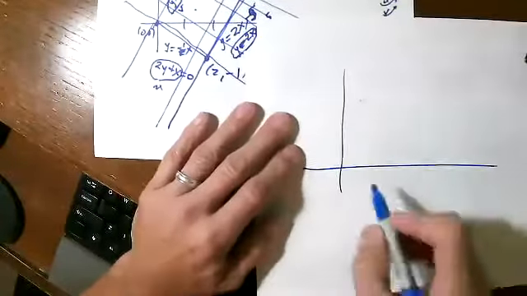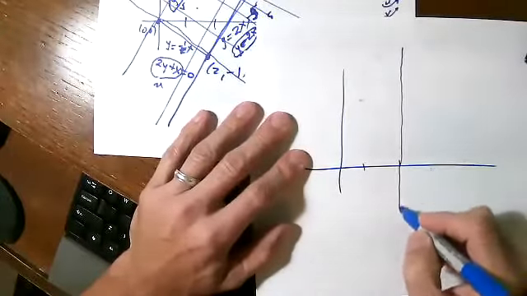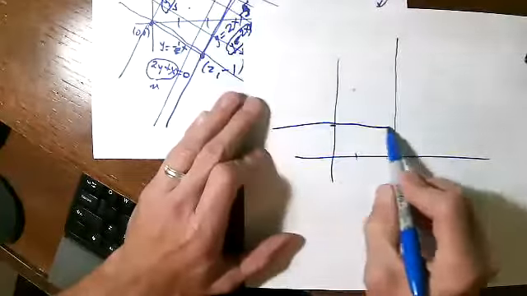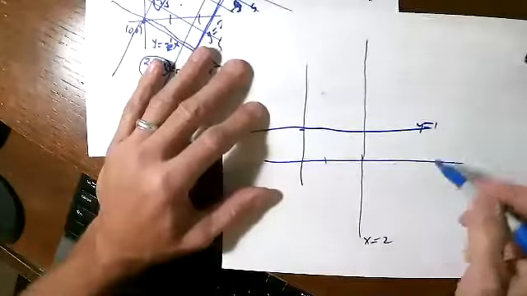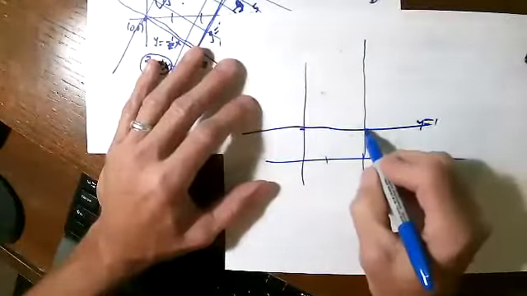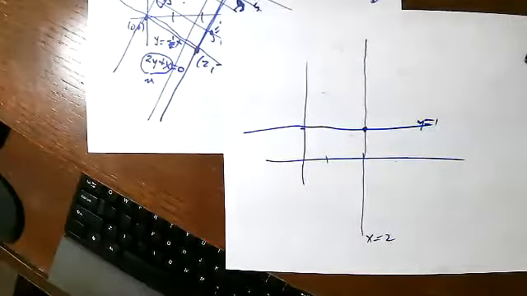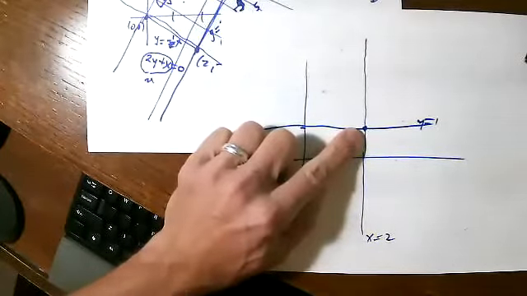To find the point that has an x-coordinate of 2, I look at all the points where the x-coordinate is equal to 2, and I look at all the points where the y-coordinate is equal to 1, and I say, well, if you want the x-coordinate to be 2 and the y-coordinate to be 1, that means you have to lie on both of those lines, and there's only one point of intersection of those two lines, so I know exactly what point I'm talking about. I can draw it now.